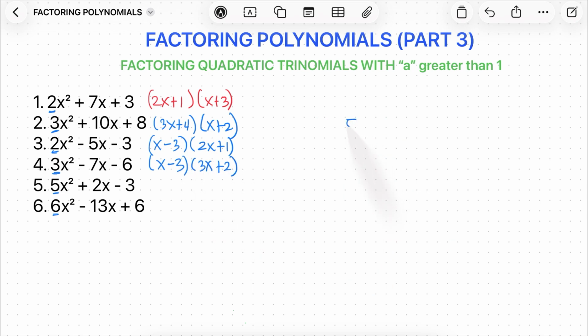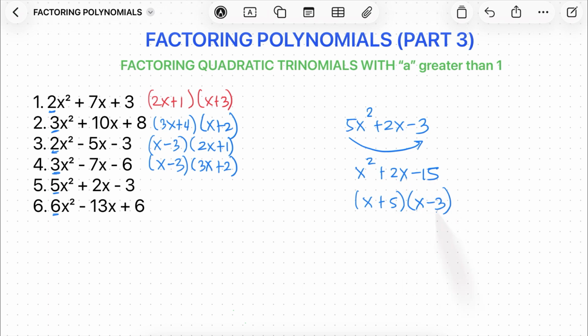So next one would be 5x squared plus 2x minus 3. Multiply, this will be x squared plus 2x minus 15. Factors of negative 15 that if we add is positive 2 would be positive 5 and negative 3. So 5 times negative 3 is negative 15. 5 plus negative 3 is positive 2.